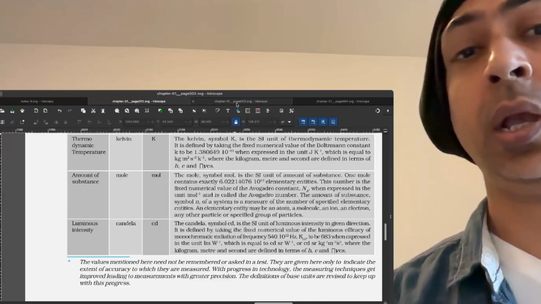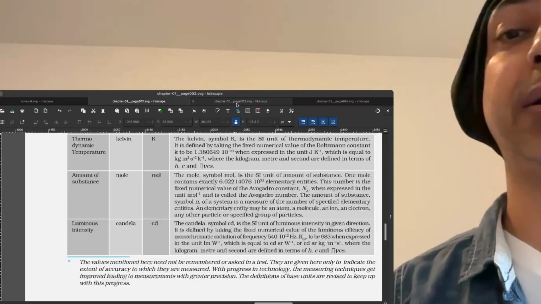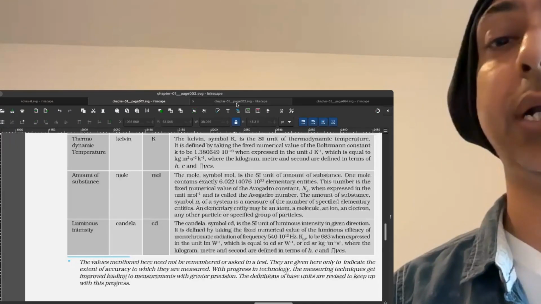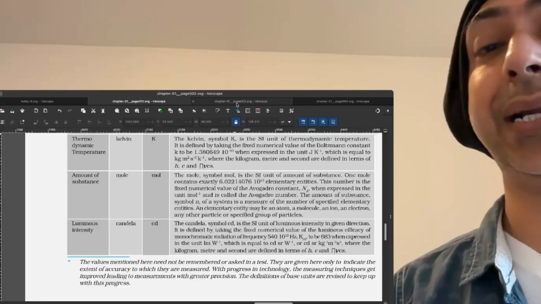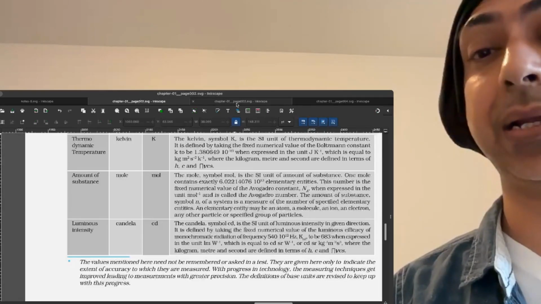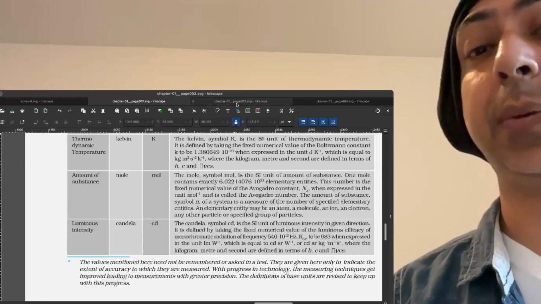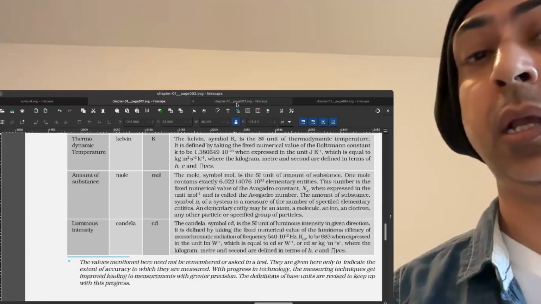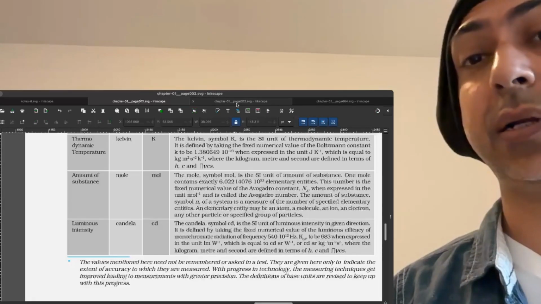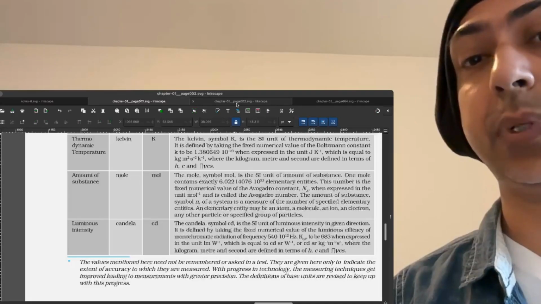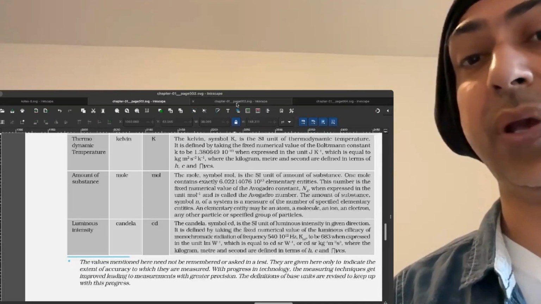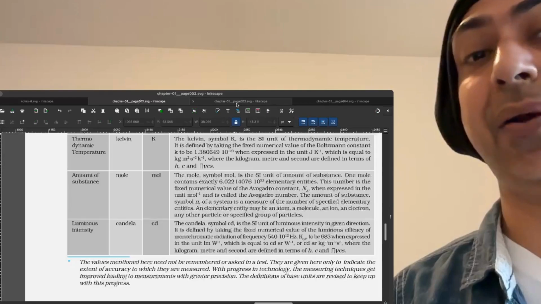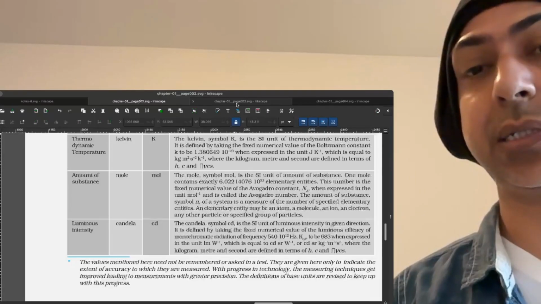Cool. The multiplying or dividing factors, which are neither rounded numbers nor numbers representing measured values, are exact and have an infinite number of significant digits.